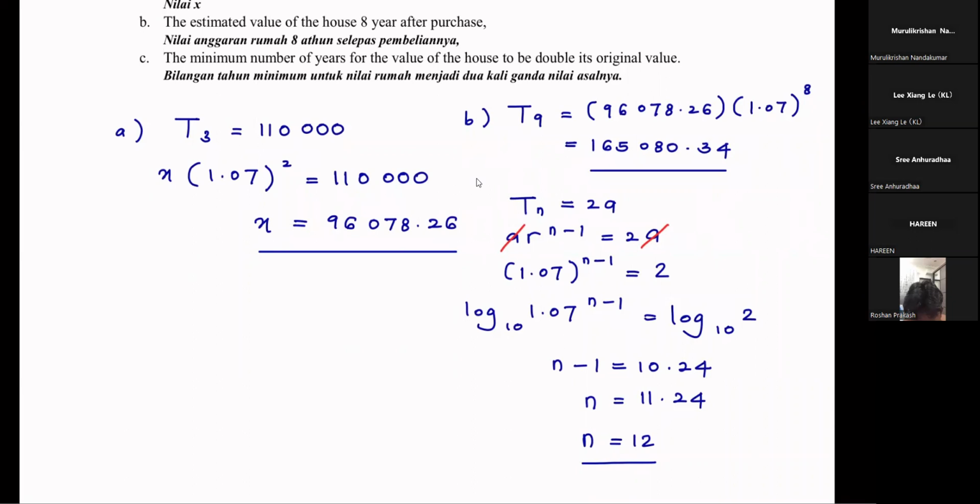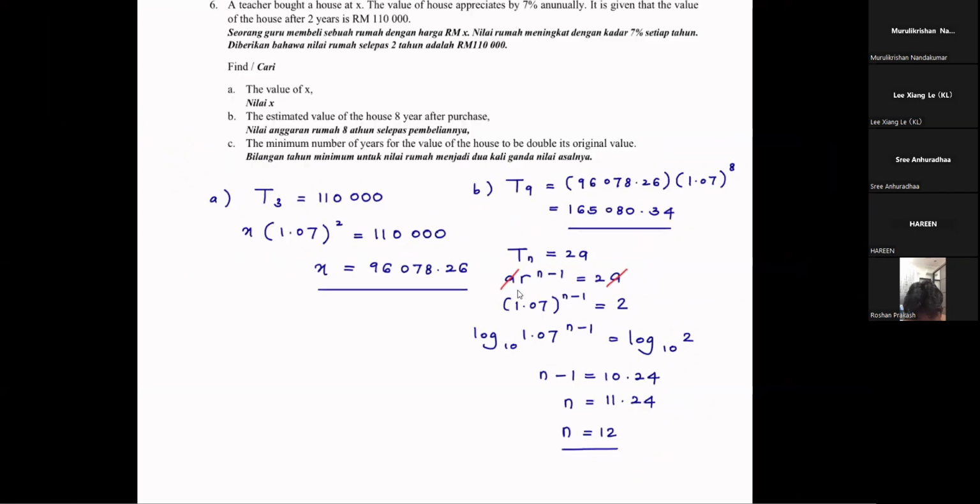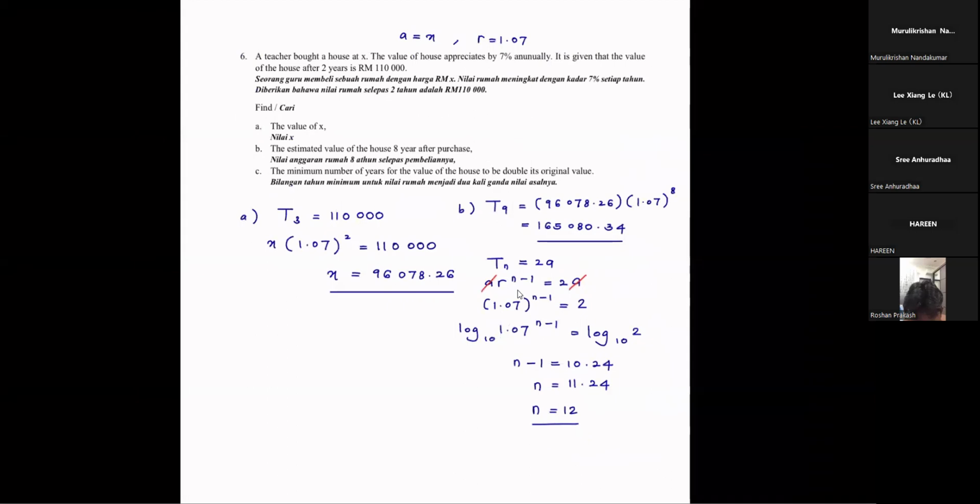Dana? Okay, good. Yes. What is it, yeah? Why T9, not T8? Because they use the word after. Always remember, for the house, for the bank loan, they will use after.